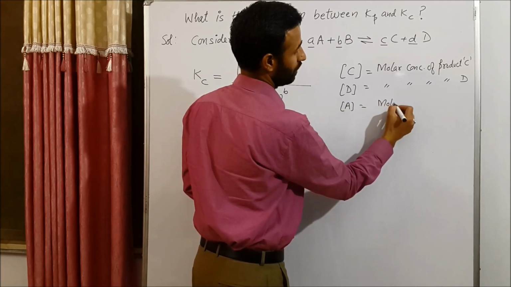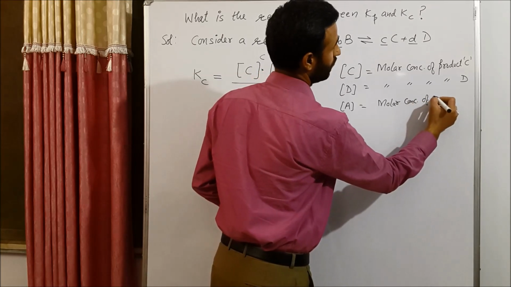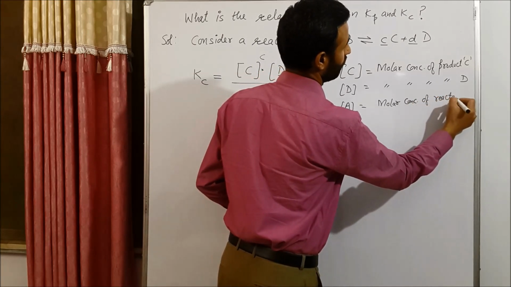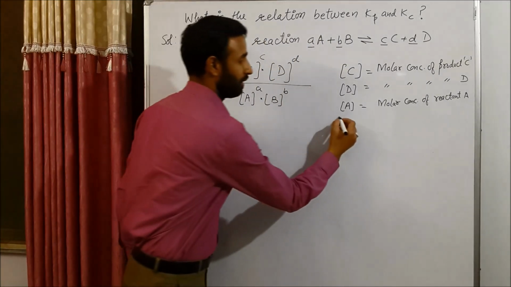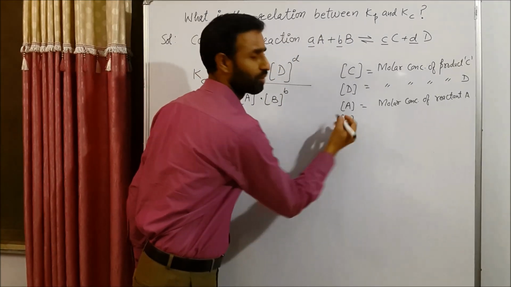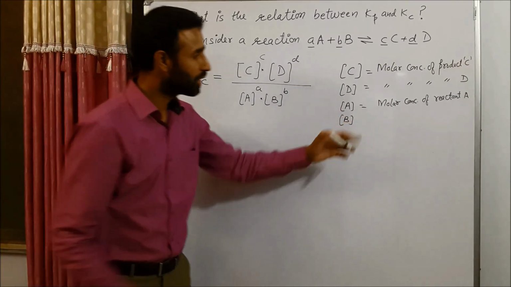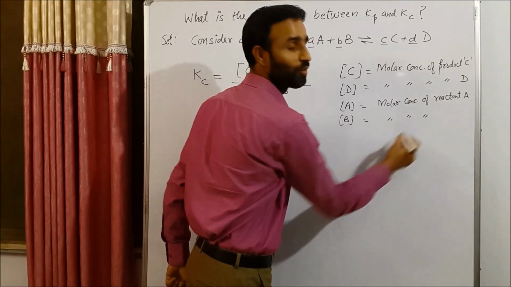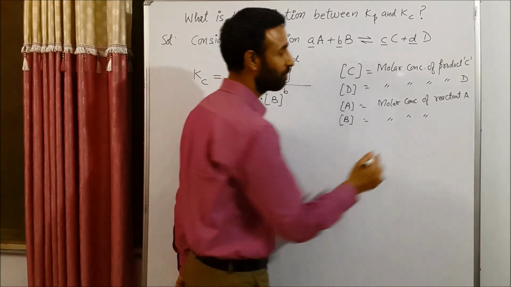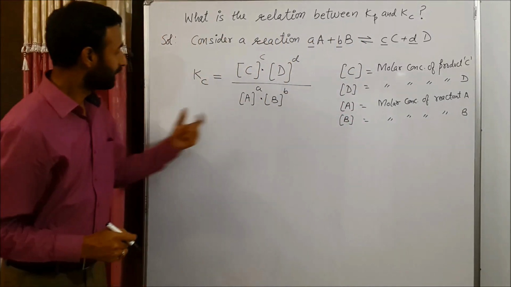This is the molar concentration of reactant A. And what is B? You can say now. This is the molar concentration of reactant B. Good.